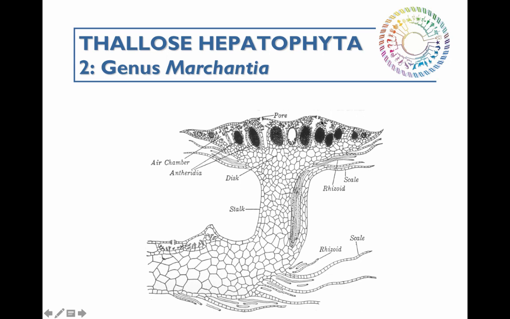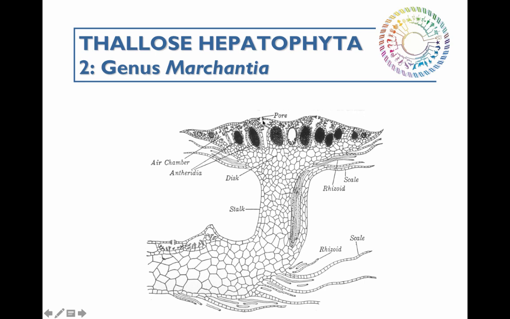This structure here, of course, is the antheridiophore itself, and in fact it's identical to the normal plant body. Here we have the antheridia embedded in the upper surface of the antheridiophore, but the antheridiophore has all the other features I've just talked about.